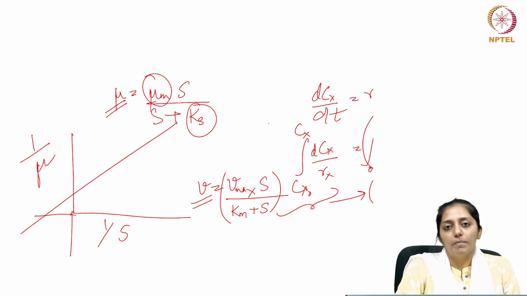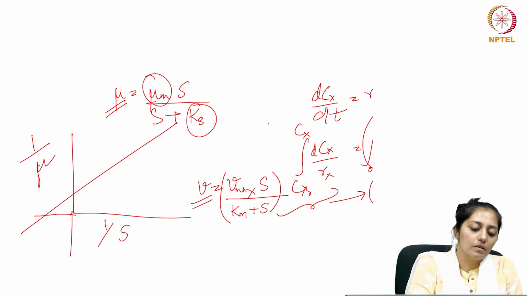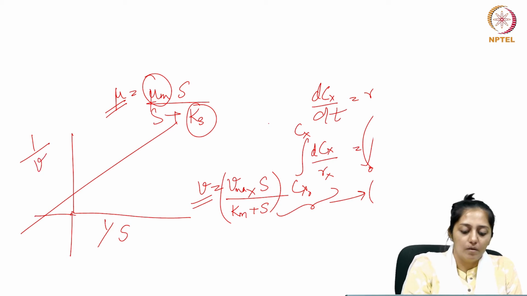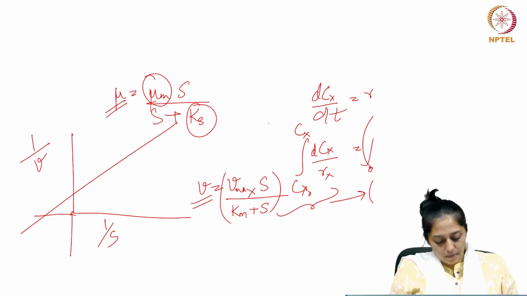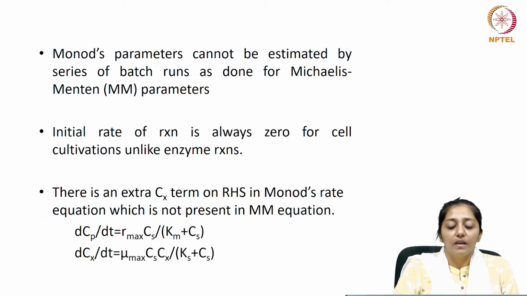So direct implementation of the Lineweaver-Burke plot, which we generally use in enzyme kinetics, which we call the 1 by V versus 1 by S plot, may not give the true representation of the Monod's model parameters. The reason being, the initial rate of reaction is always zero for cell cultivations, unlike enzyme reactions.